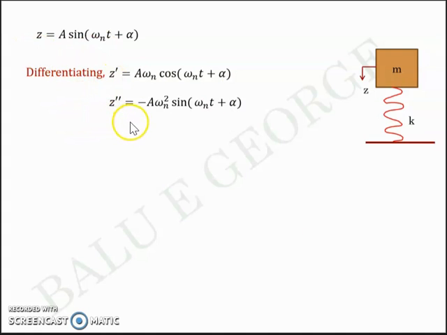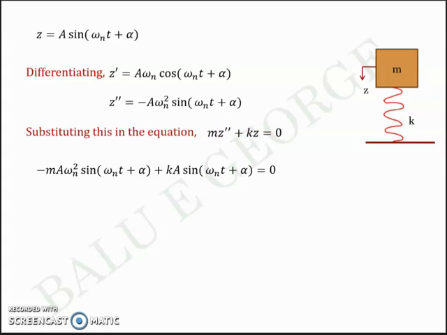I can substitute these values in the initial equation I got, which was mz double dash plus kz equal to 0. So I can substitute z double dash here and z here, which gives me an equation like this: m multiplied by z double dash plus k multiplied by z equal to 0.